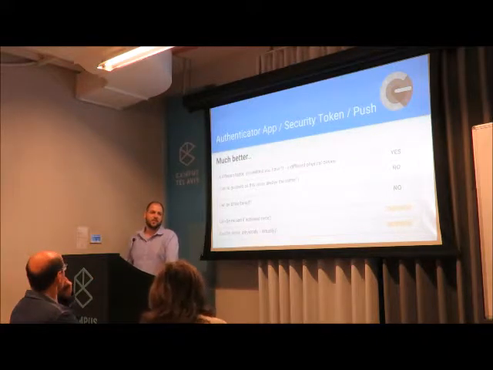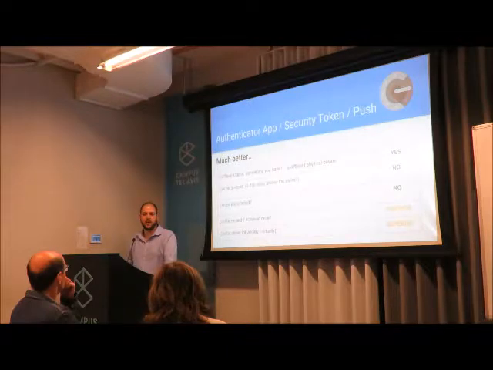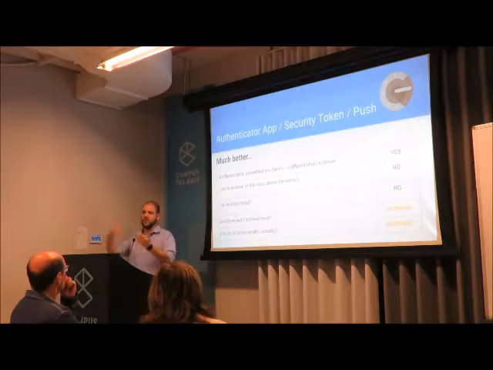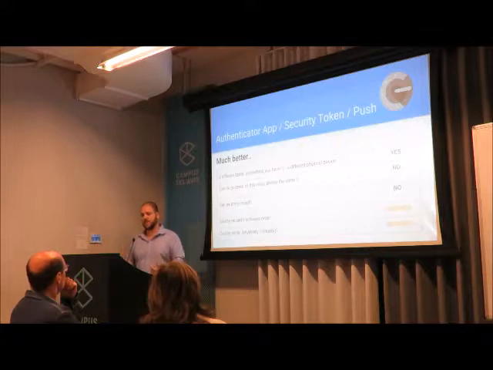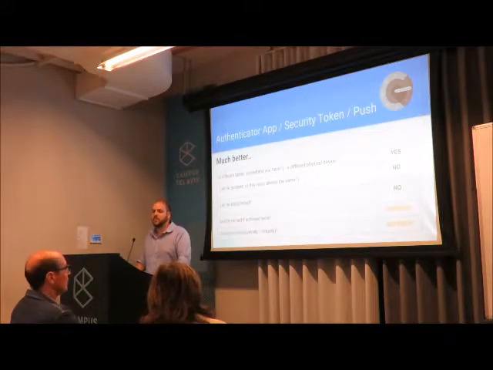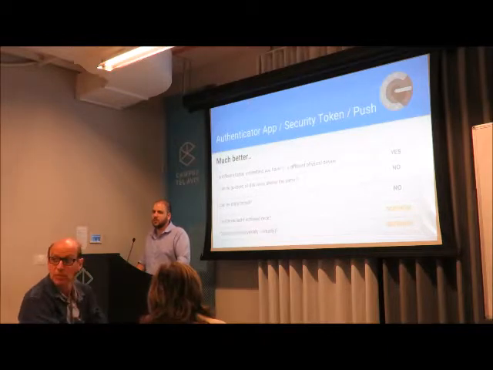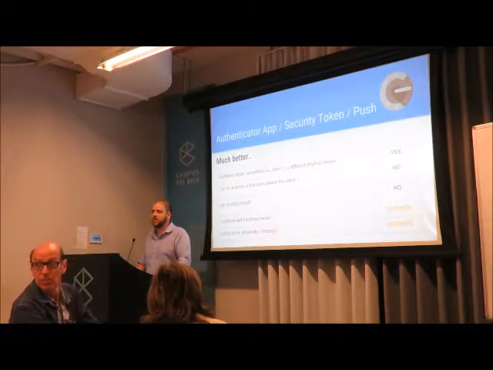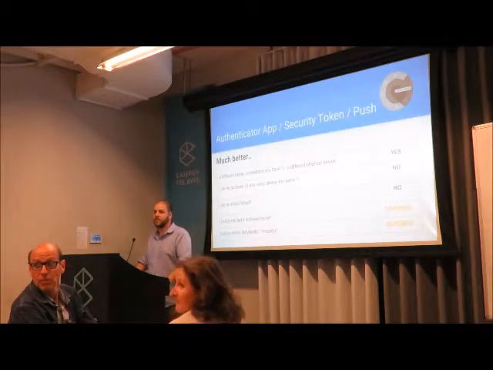I think Google were like the main pushers behind it to make it more popular, but it's a publicly known algorithm. You just have to have a shared secret between you, and you can derive the code based on the time. There are many applications that provide this kind of functionality on your phone. For example, I use something called Authy, which looks like this. They all use the same thing, you just type in and you get the rotating code.